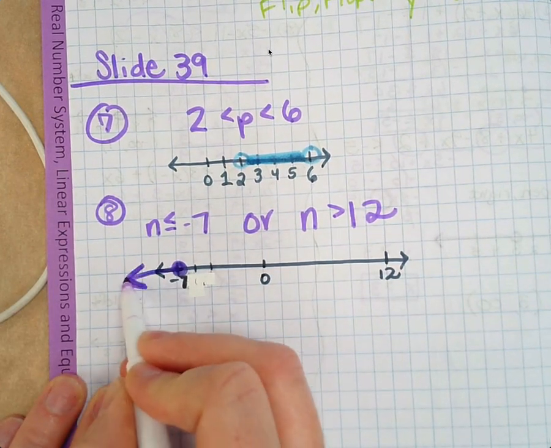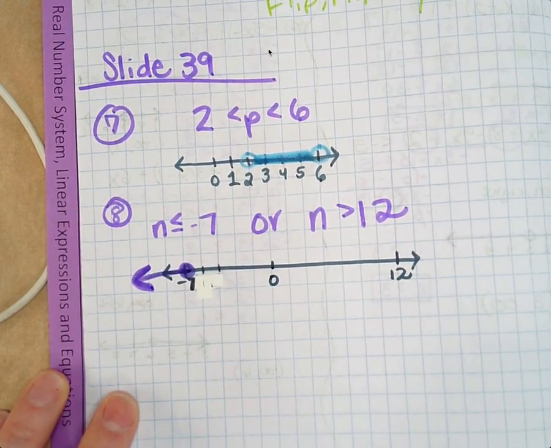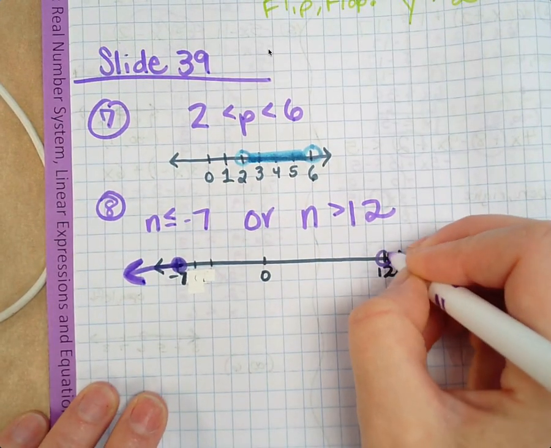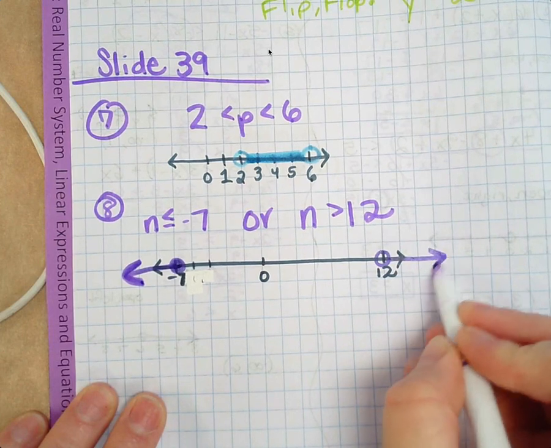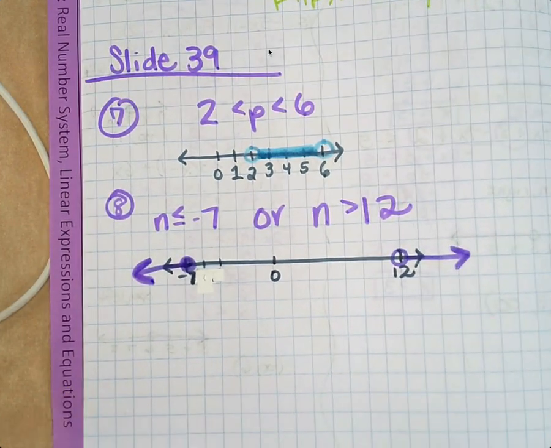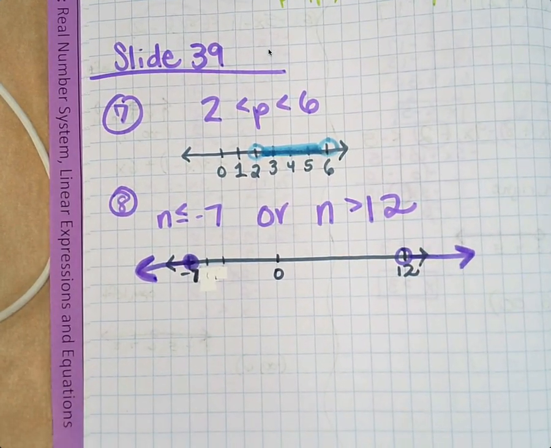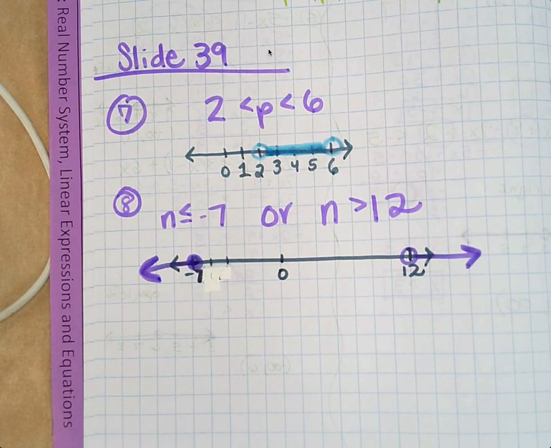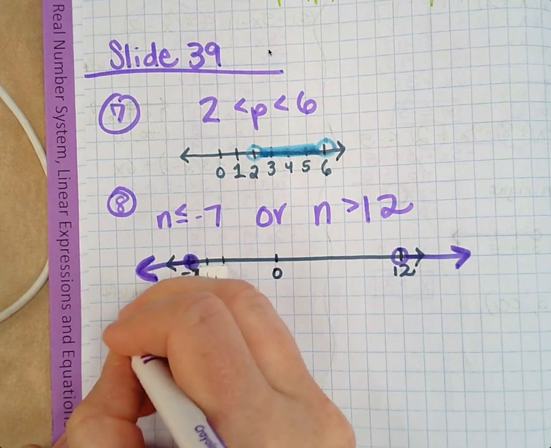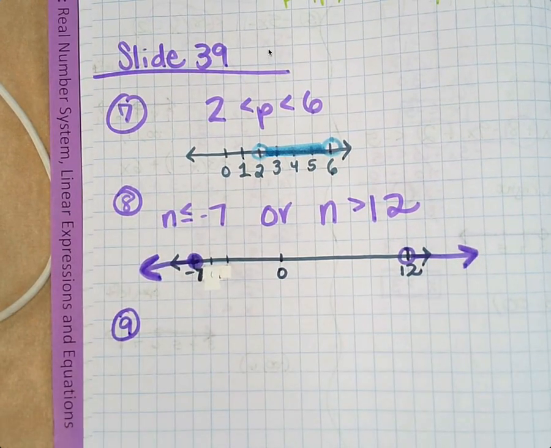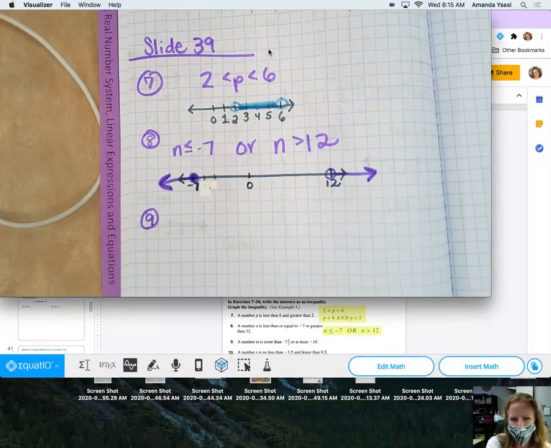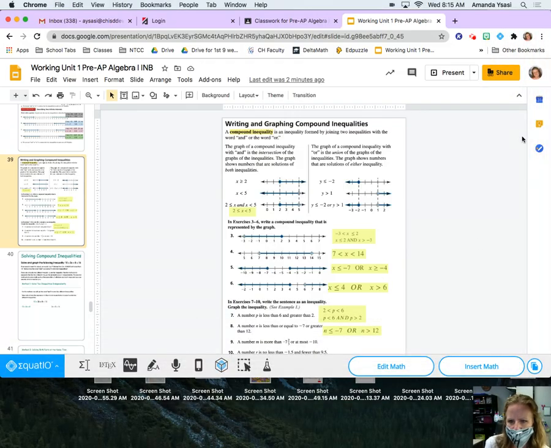And it's going to go left. And then greater than 12, open circle, right. So they're going opposite directions, and that's the OR compound inequality. Okay, let's do the next one.